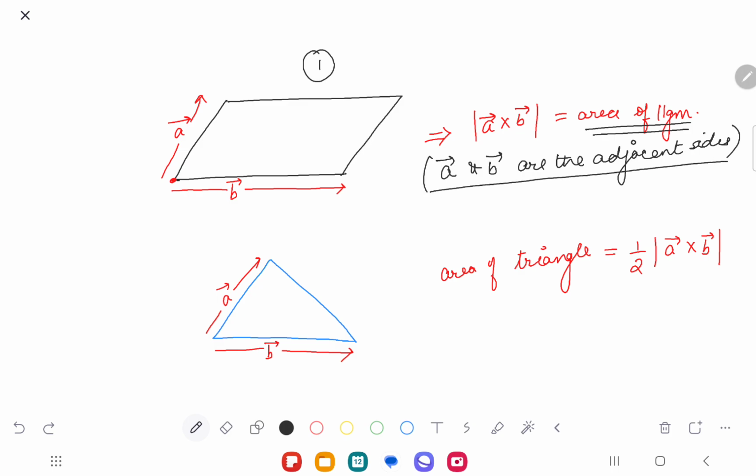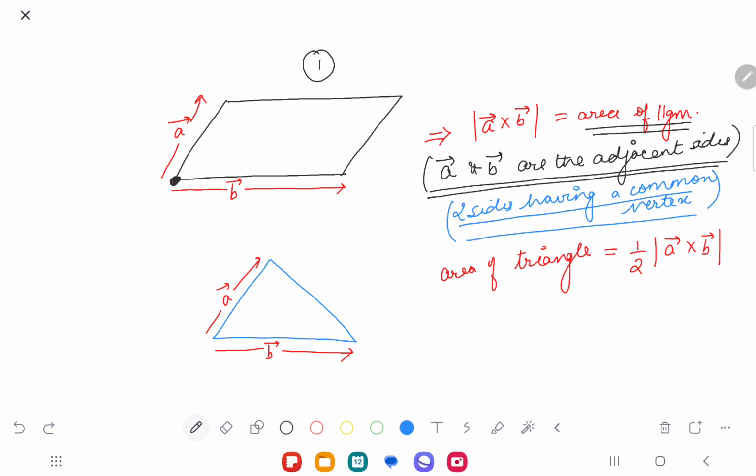That means we have the A vector and the B vector, and they have one common vertex. That's what you call adjacent sides: two sides having a common vertex.